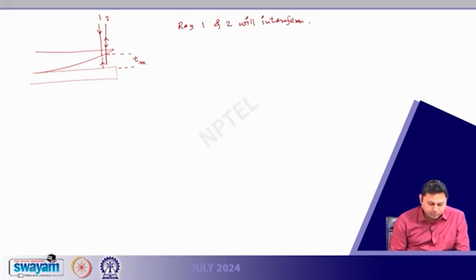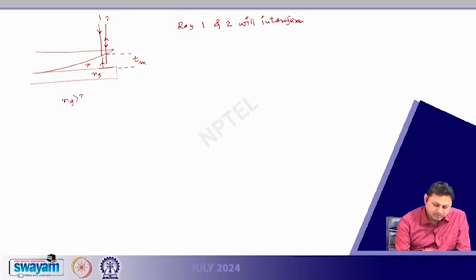So, the total phase difference then, because there is a reflection from this surface, if it is n and if it is Ng, so Ng is greater than n, so there is a reflection from this surface.